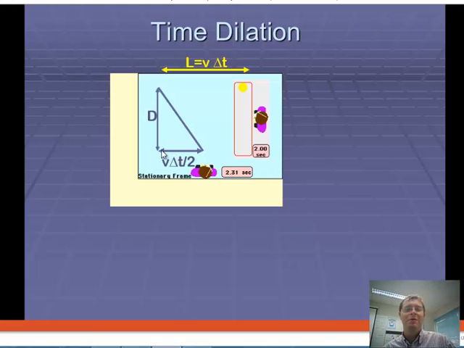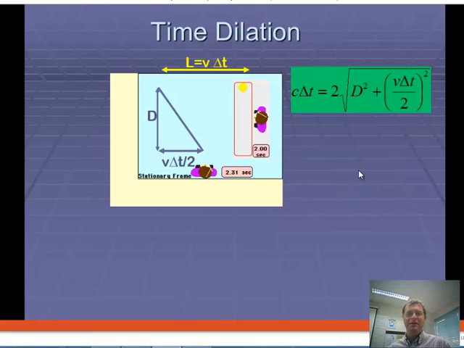So velocity times time divided by 2 gives me this distance here. Imagine that the light bounces back again, so the total distance is the velocity times the change in time, but the divided by 2 gives me half of that distance.